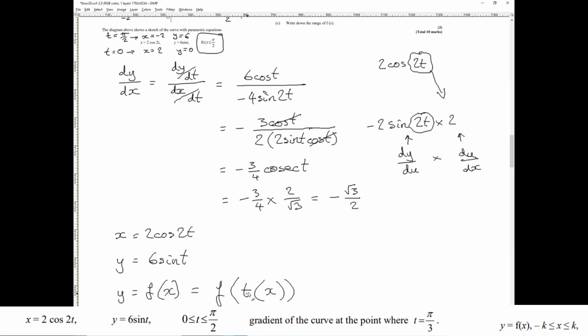So can we turn this into, can we make t the subject?